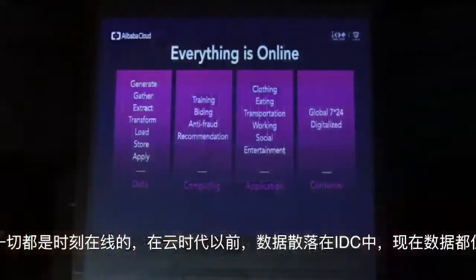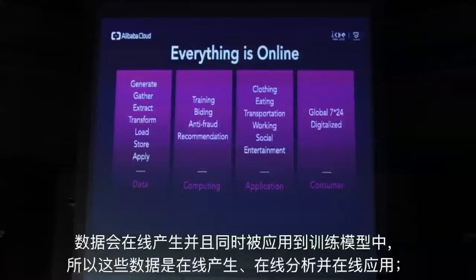Now everything is online. Before the cloud age, the data is in IDC and scattered everywhere. Now the data is in the data lake. It is generated and then applied to the training model at the same time. So it's online generated, analyzed, and applied.